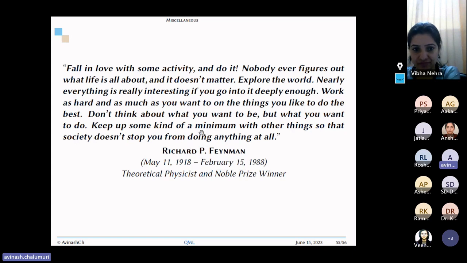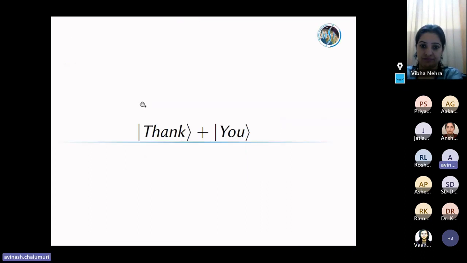I mean, he's not exactly the father, there are many people who developed quantum computing, but he's the man who initialized all these things. So fall in love with some activity and try everything, and keep minimum with all other things, specifically other computer science things. If you want to try quantum, you should be looking at both classical and quantum together. So thank you.